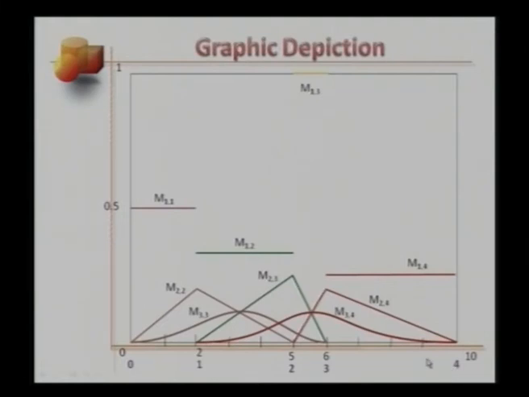And finally, one would combine M33 and M34 together to have the order 4 basis spline, which is this bold red curve here.